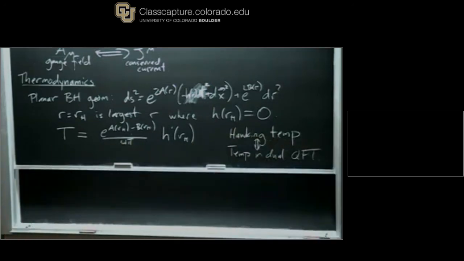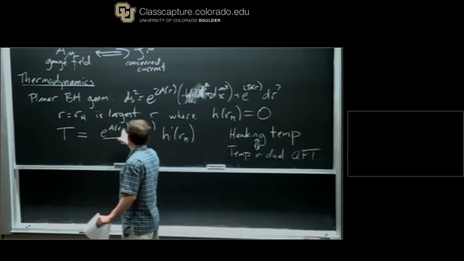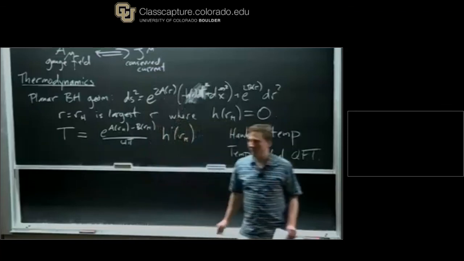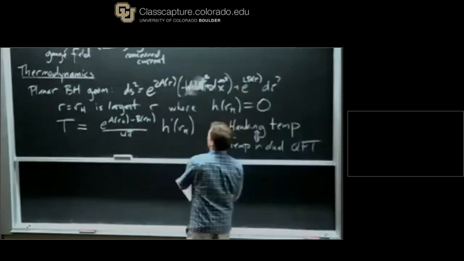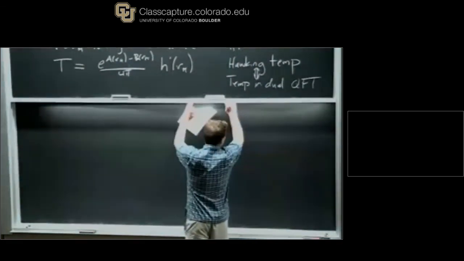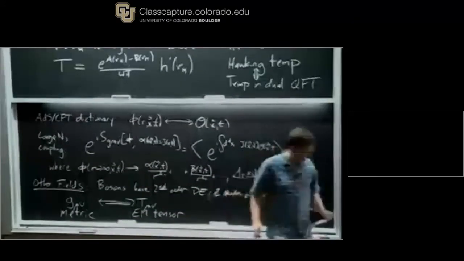The Hawking temperature is measured at infinity, though my formula here is in terms of this metric at the horizon. Let's see, the way I will do this is the one I just wrote will go up, and the earlier one will go down. Thank you.